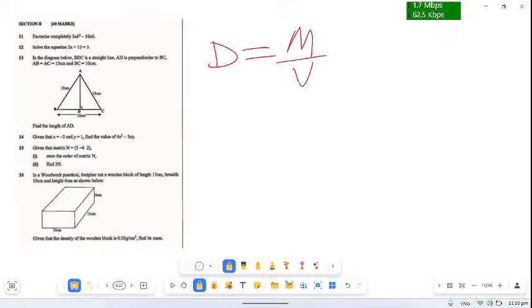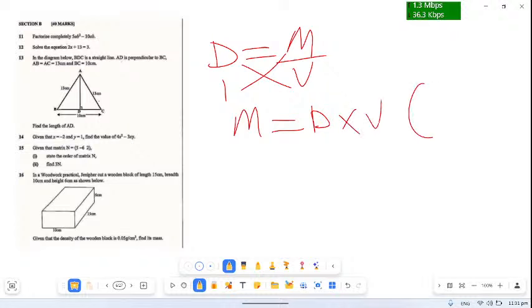So for you to find the formula for mass, you can just cross multiply. Here we put 1. So that means we have m times 1 will give us m, which will be equal to d times volume, or you can still write it as dv. Again, the formula is okay. The other thing is you need to know how to change the subject of the formula.